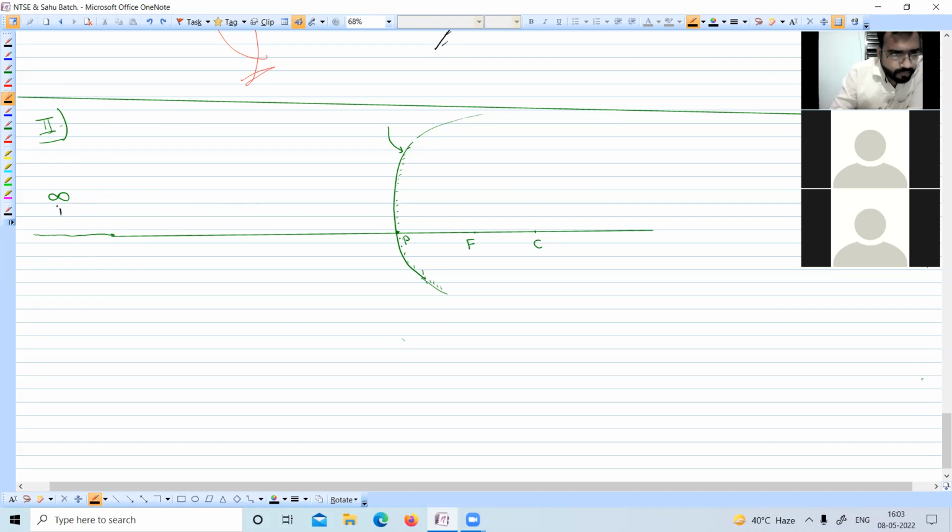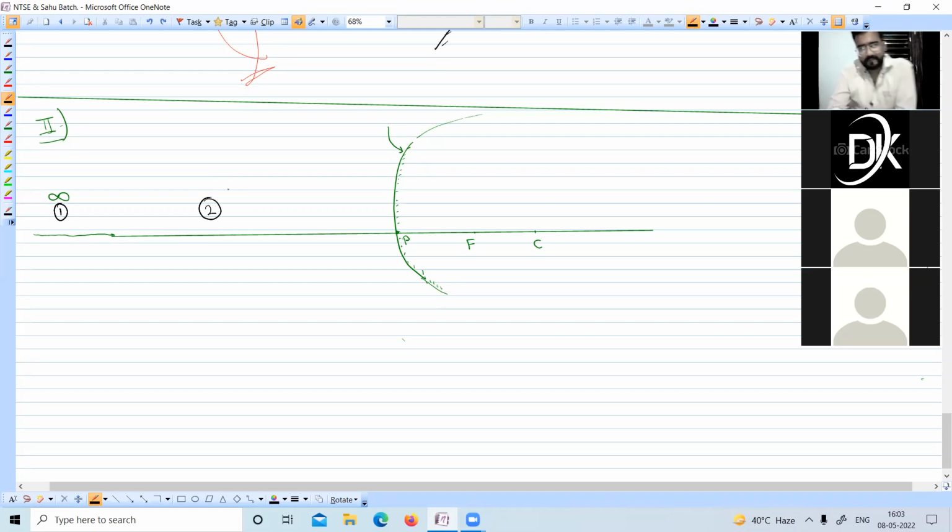At one number the object is placed, and then at 2 number the object is placed. Yes or no? Clear? We don't have a third, because only 2 possible conditions are there. Rather than that, we cannot put the object. So for 1 dash, we are getting 1.